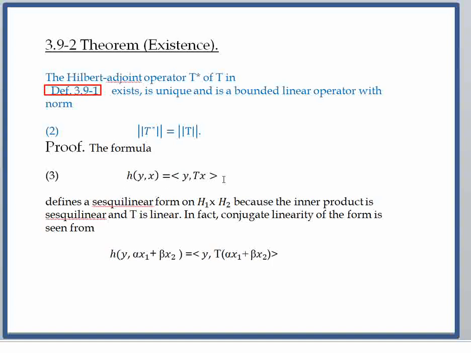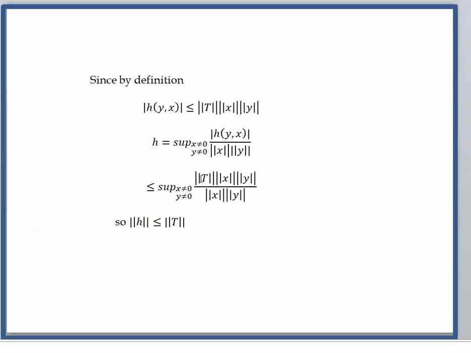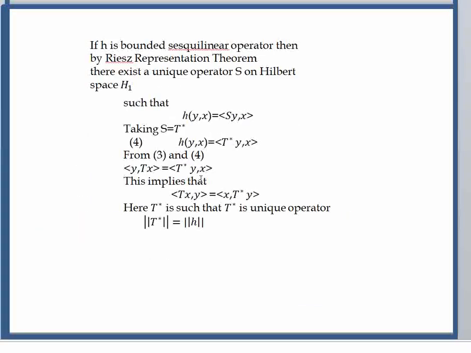Equation 3 is here: h(y, x) is equal to the inner product of y, Tx. By combining 3 and 4, the inner product of y, Tx is equal to the inner product of T star y, x. This implies that the inner product of Tx, y is equal to the inner product of x, T star y.